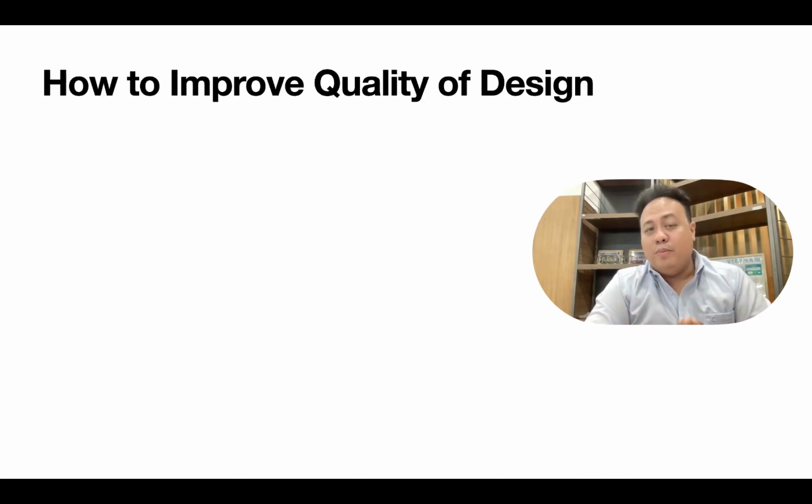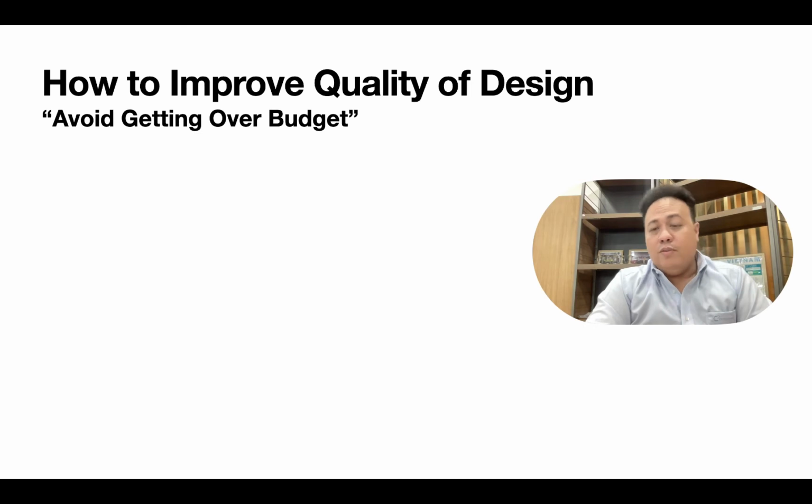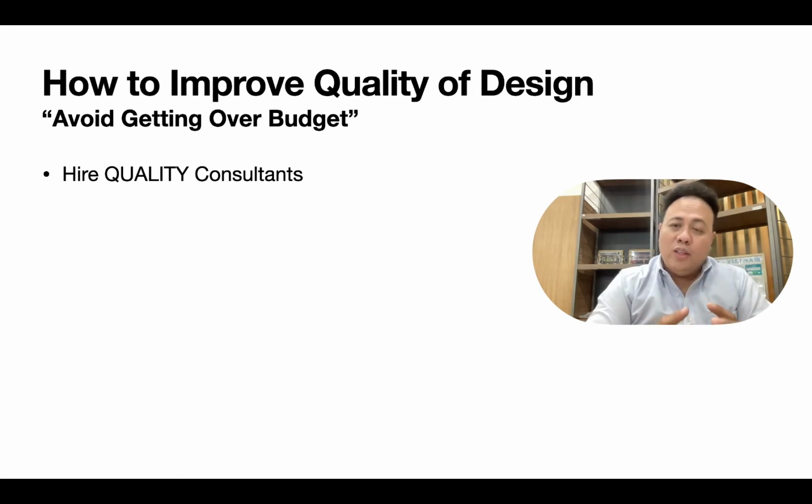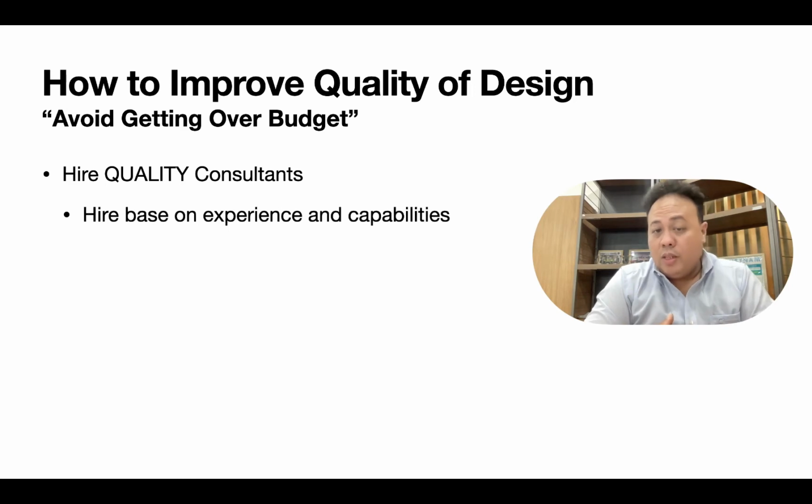How to improve the quality of the design to avoid going over budget? First, I think you hire quality consultants. We all know that different people have different expertise, but it doesn't hurt, and it will benefit you, if you get professional advice. When you select the consultants, you hire based on their experience and capabilities.